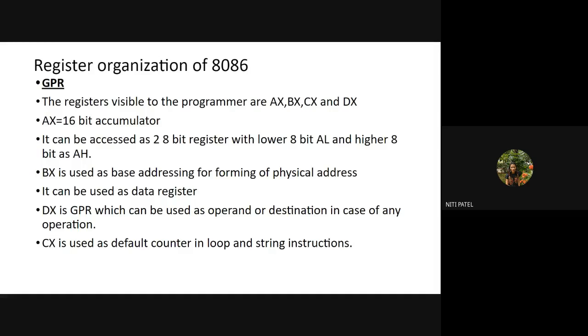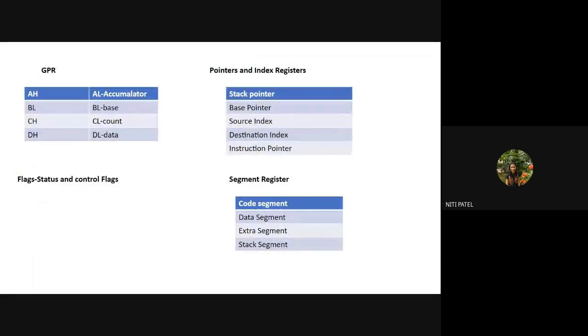Again, DX is of 16 bits divided into DH higher 8 bits and DL lower 8 bits. Can you see that in the diagram over here? AH plus AL is equal to AX. BH, this should be H. BH plus BL is equal to 8 bits. CH plus CL is equal to 8 bits. And DH plus DL is equal to DX of 16 bits. Is this understood?